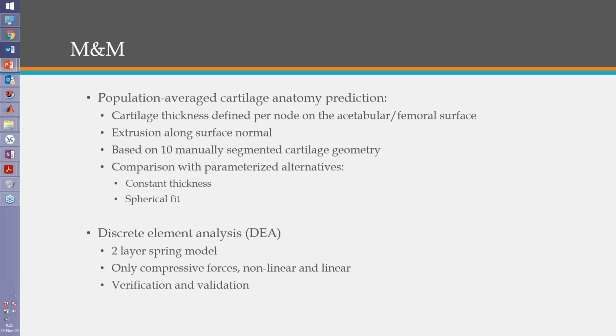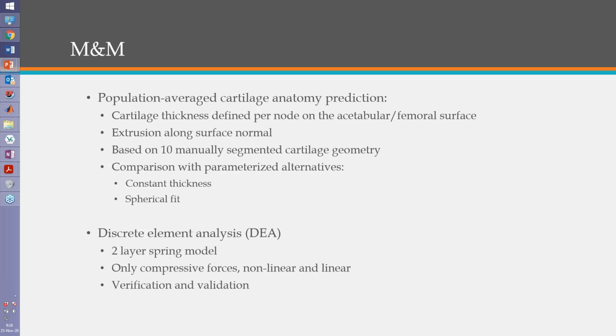We did this by, first of all, developing another way to predict your cartilage anatomy. We used the population average technique, in which the cartilage thickness is not constant or spherical, but is actually defined per node on the acetabular and the femoral head surface.